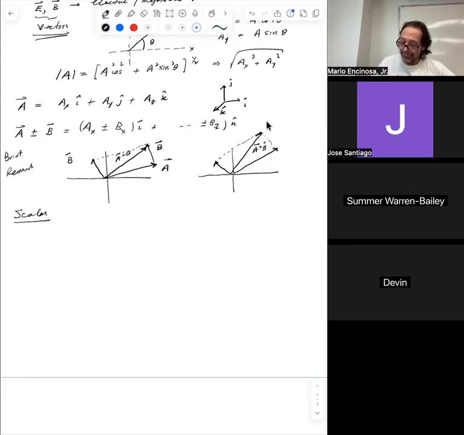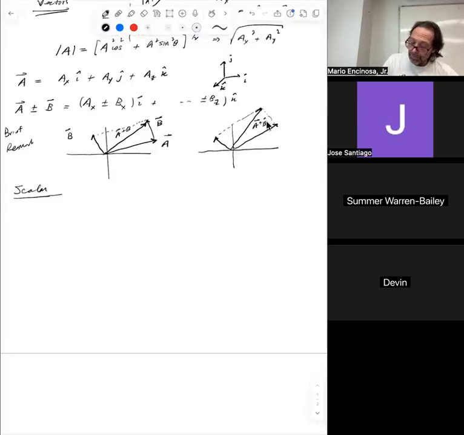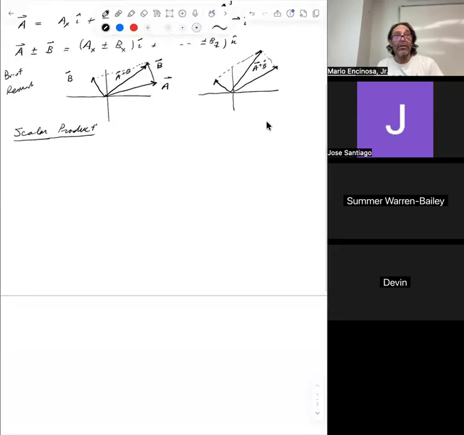The first non-trivial relationship is the scalar product. It really is a measure of how much of one vector lies along the other one. The scalar product is A dot B, which is AB cosine theta.